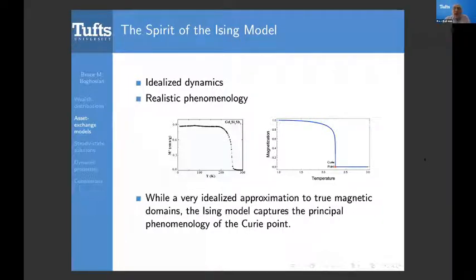Even though the Ising model is a very idealized approximation to true magnetic domains, the Ising model in 2 dimensions, say, is on a square lattice. Regular magnetic domains are really very irregular shaped. And yet, look, the graph on the left here shows magnetism versus temperature for a real material.